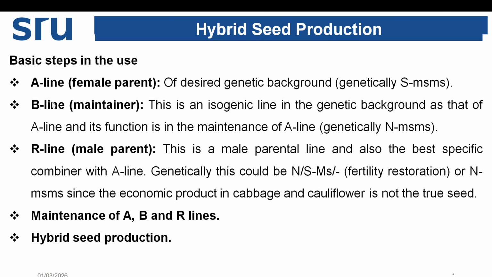The B line is called the maintainer, an isogenic line with the same genetic background as the A line, and its function is maintenance. A and B lines are isogenic, differing for a single cytoplasmic gene. What is the R line? This is the male parental line and also the best specific combiner with the A line. So this is the restorer line.